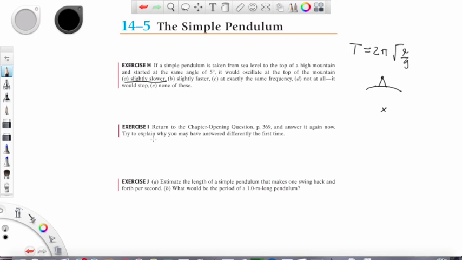Exercise I asks us to return to the opening question on page 369 and answer it again now.